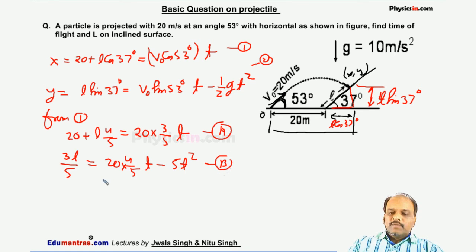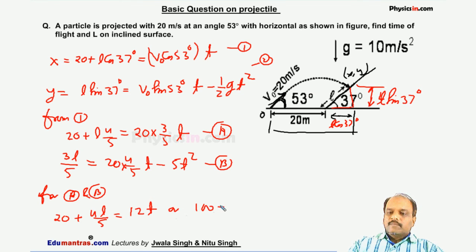From A, we get 20 plus 4L by 5 is equal to 12t, or if we multiply it by 5, 100 plus 4L is equal to 60t.